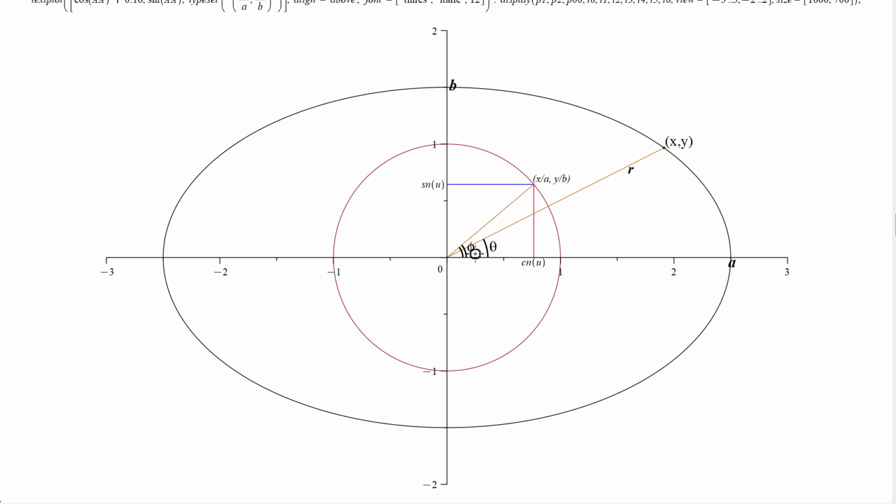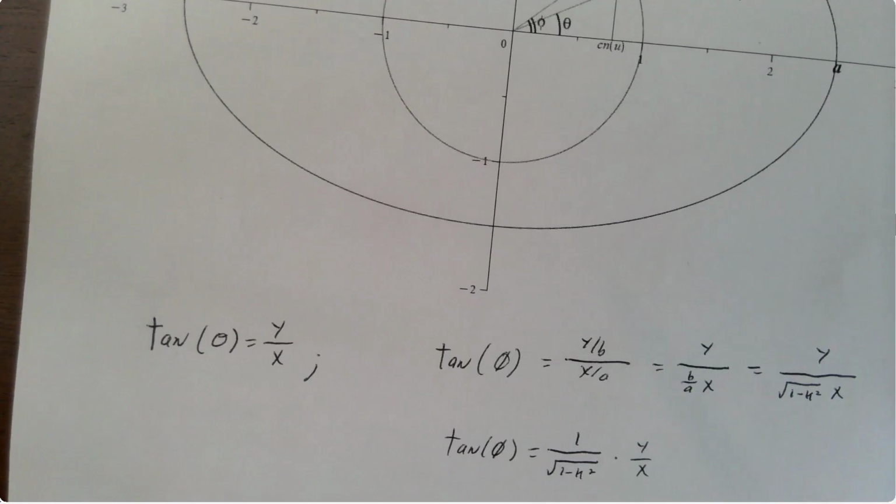But not only is tangent phi y over b divided by x over a, since I'm on the unit circle, I can also say the sine of phi is y over b, or y is b sine of phi. And the cosine of phi, it should be cn of u, but it'll be x over a. So x will equal a cosine of phi.